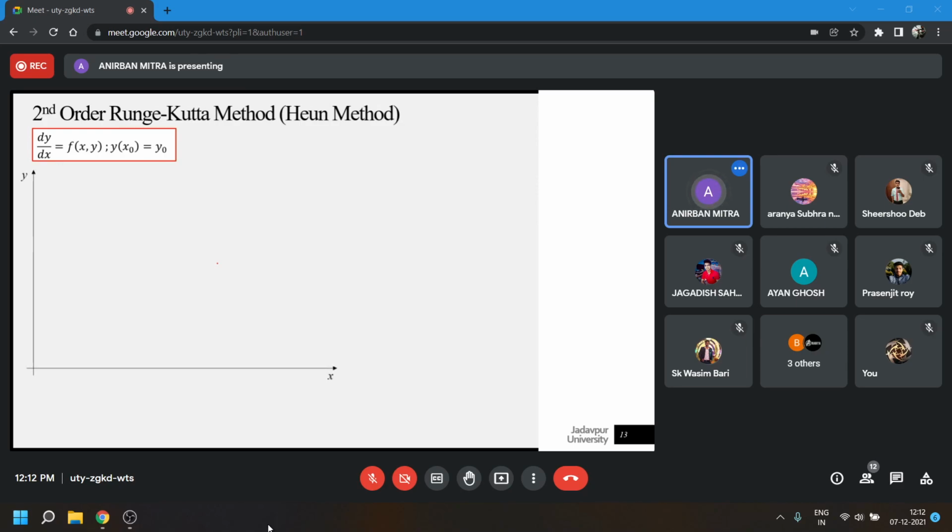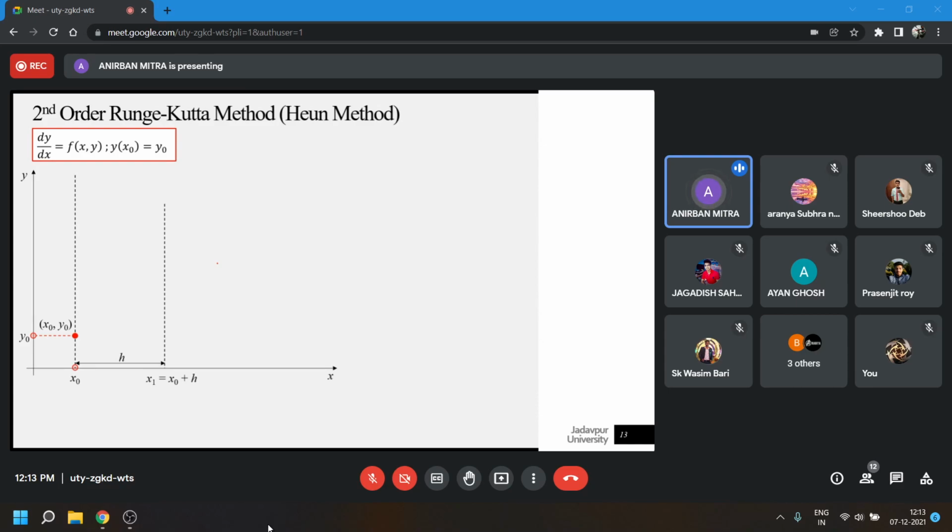As already mentioned, we'll look at the graphical perspective, and here you can see the xy plane and the initial point x0, y0 represented in red. The next step is, of course, x1, at a distance of h from the initial point. So x1 would be given by x0 plus h.